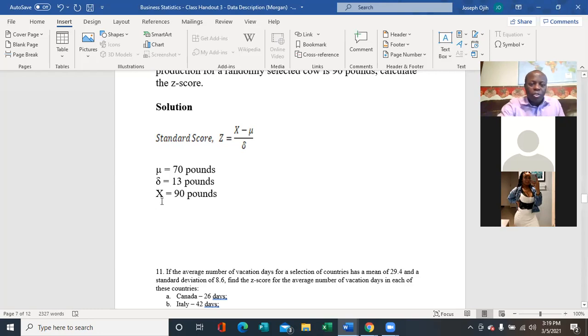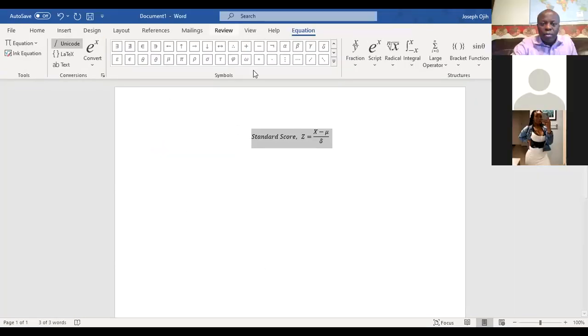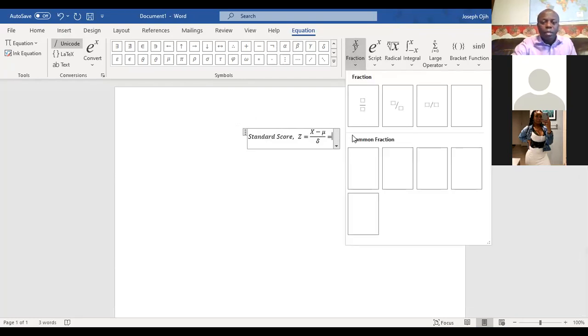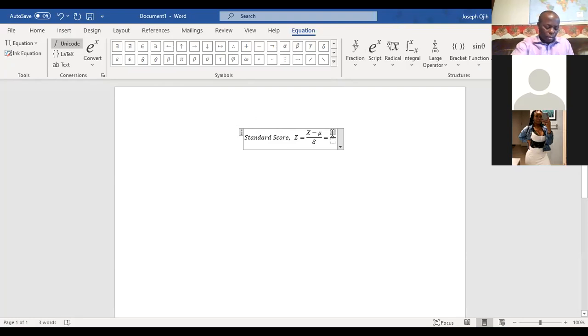You just have to plug in the numbers: x is 90, the mean is 70, and 13 is the standard deviation. Let me take you to the other workbook to give you the z-score right away.